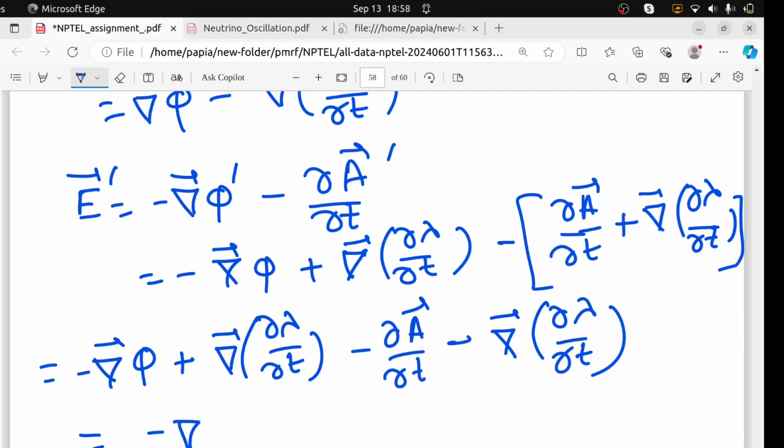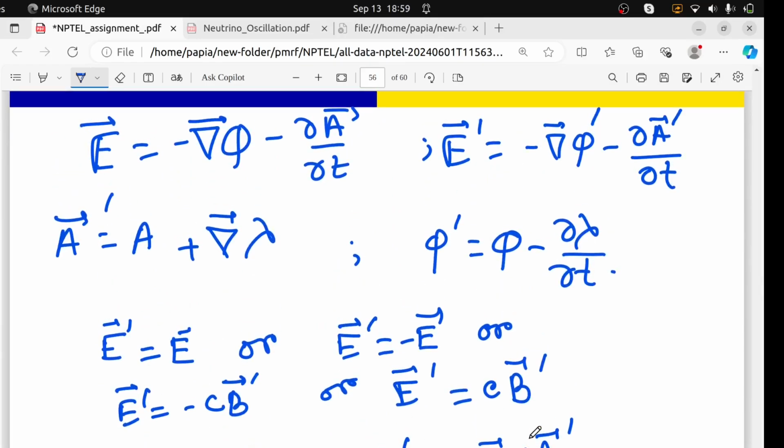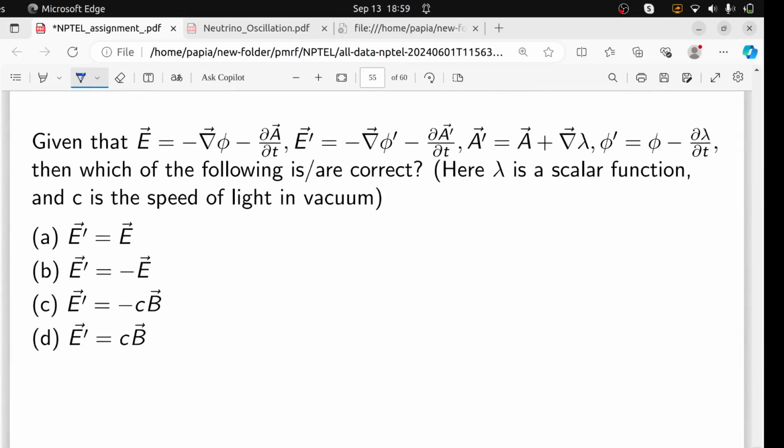So it will be minus grad phi minus del A del t, which is exactly the same as the E vector. So we started with the E prime vector and we got the E vector. So E prime vector is equals to E vector. Okay, so this option is correct.